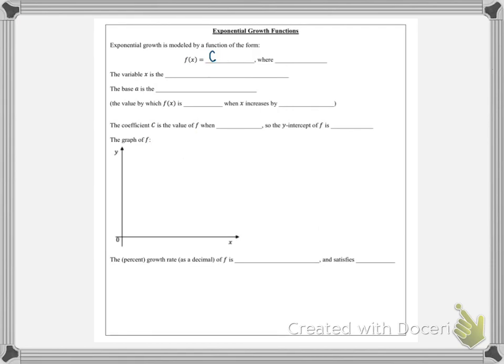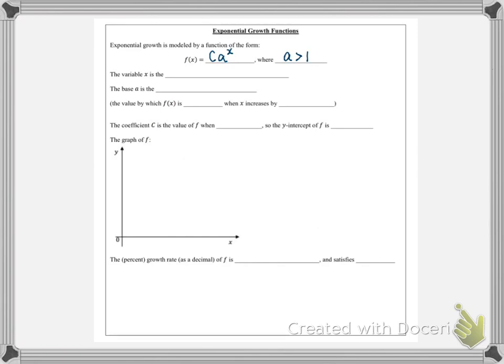Yeah, we do multiplication, and we multiply by x factors of a. What makes this an exponential growth function as opposed to an exponential decay function is that the number that we're multiplying by repeatedly makes the value bigger. So it has to be greater than 1.